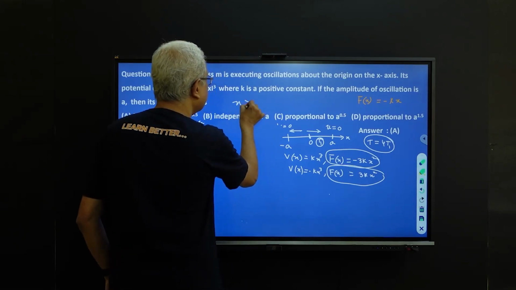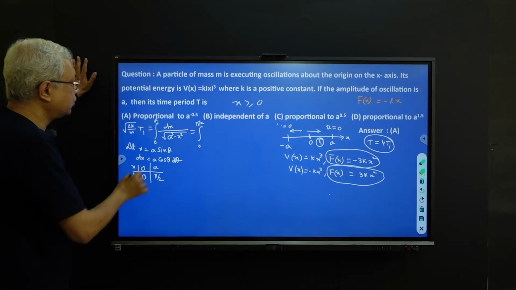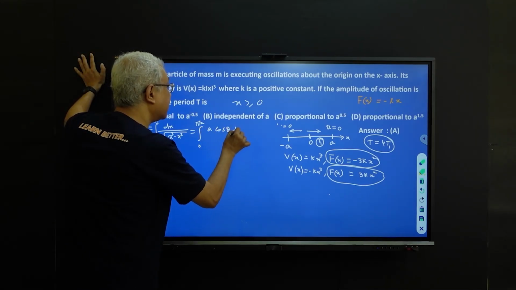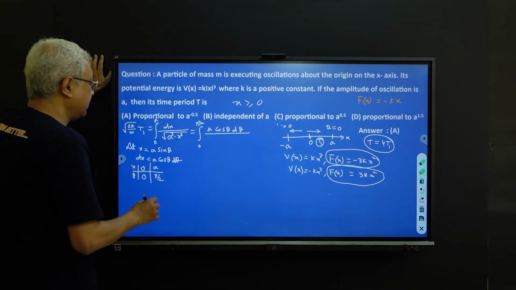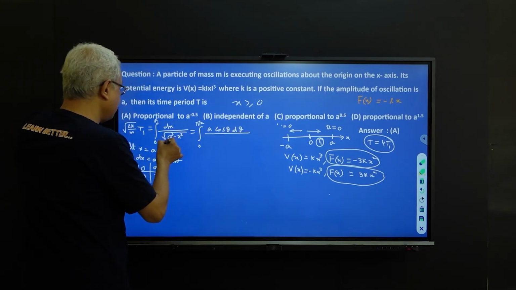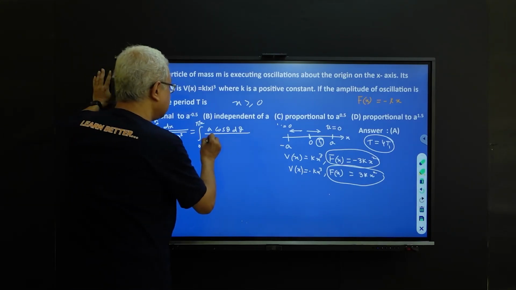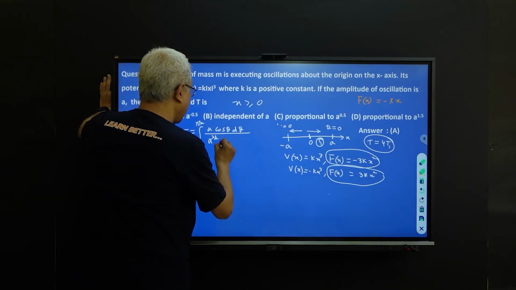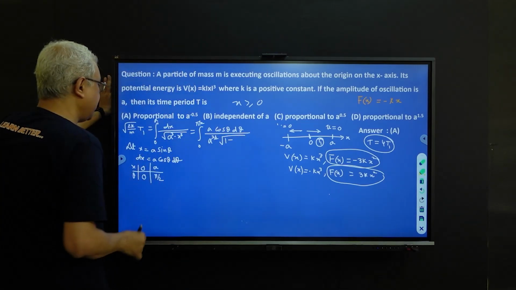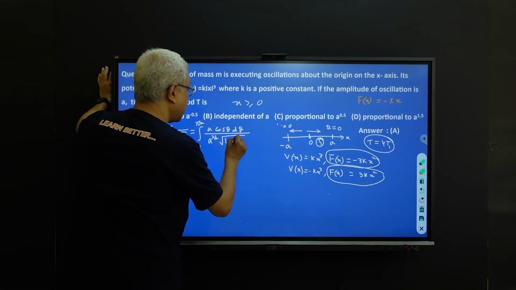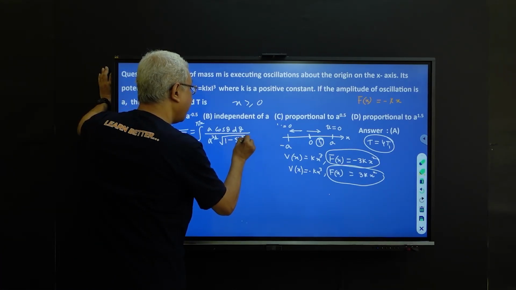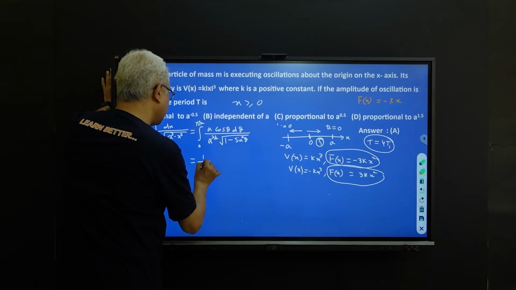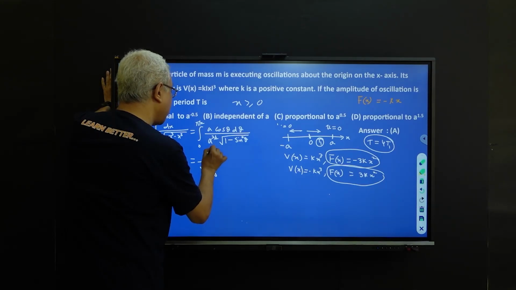So dx is a cos theta d theta divided by a cube minus a cube sin cube theta. So it is a to the power 3 by 2. If I take outside the square root, 1 minus sin cube theta. Okay, so it is 1 by square root of a, 0 to pi by 2.